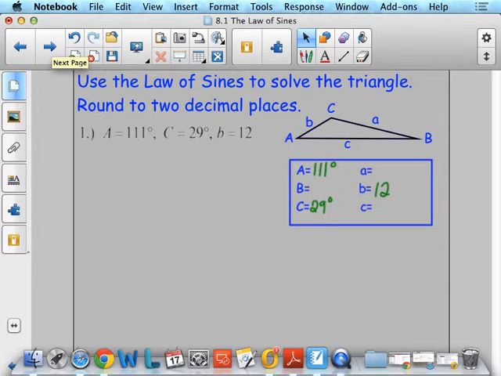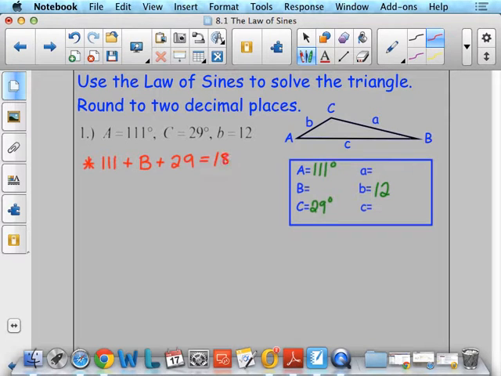Okay, so first thing I can solve for is capital B, because I know all 3 angles in any triangle add up to 180. So 111 plus B plus 29 should be 180. And so if I solve for B, I should get B is 40.